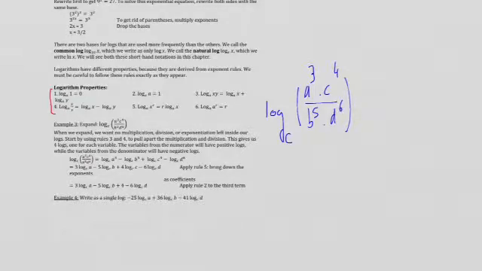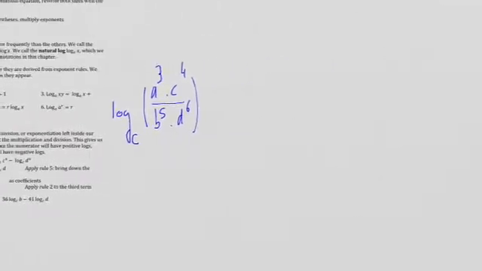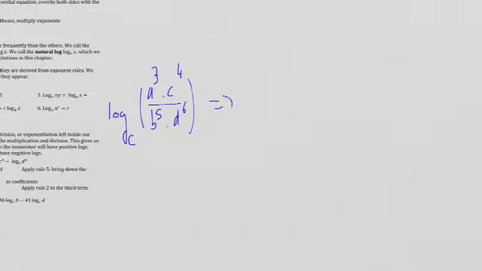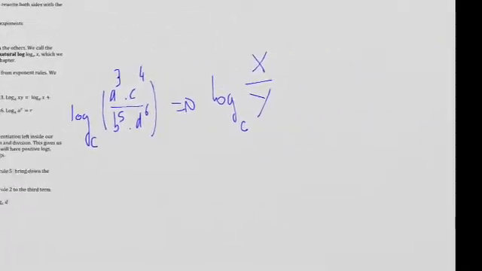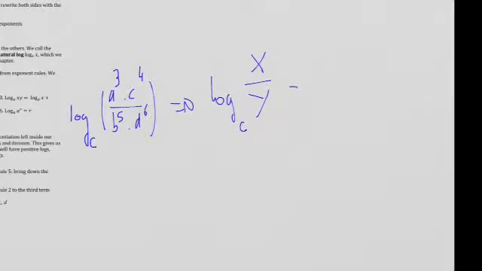It is a fraction, and so that looks exactly like log base c of a numerator divided by a denominator. And you know from property number 4 that that is going to be equal to the log base c of x minus the log base c of y.